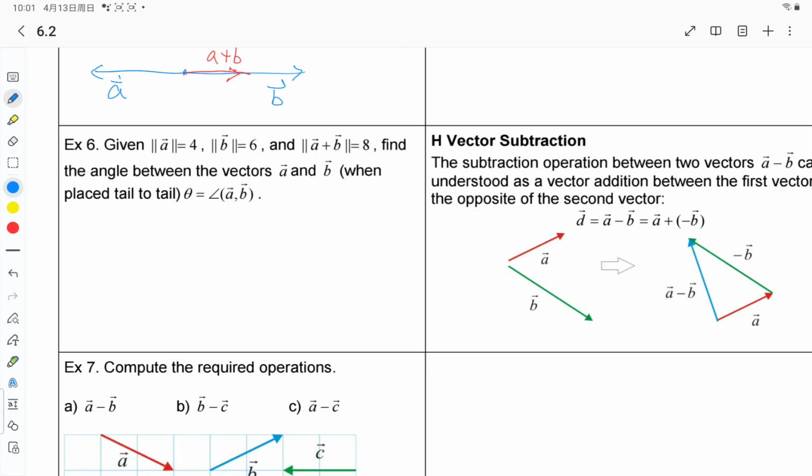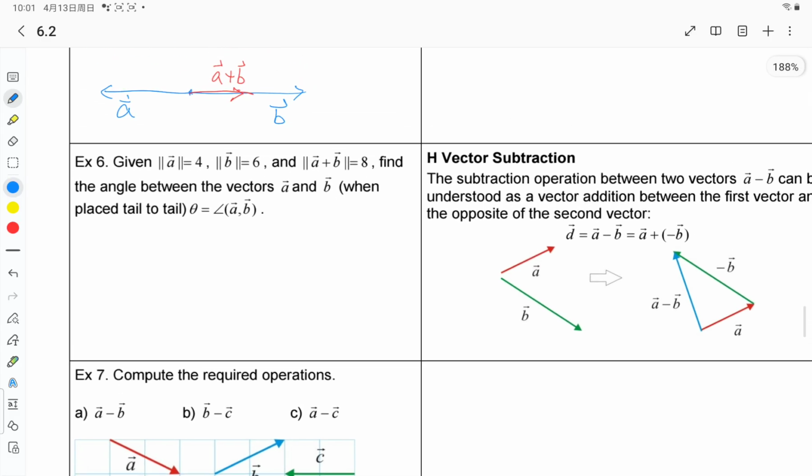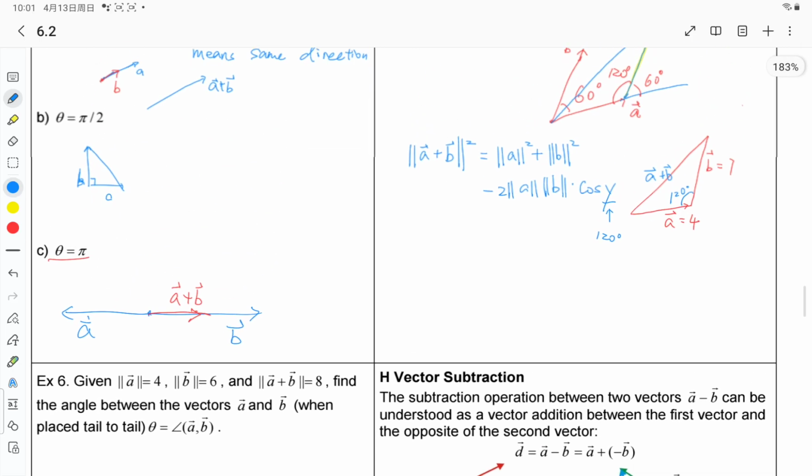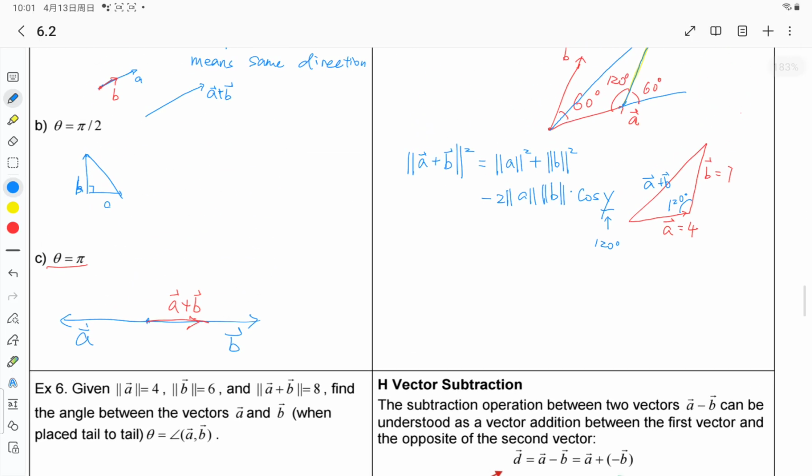Let's see. Example 6 is: given a, b, and then a plus b, find the angle between vectors a and b. It's the same formula, isn't it? Yeah, it's the same formula.